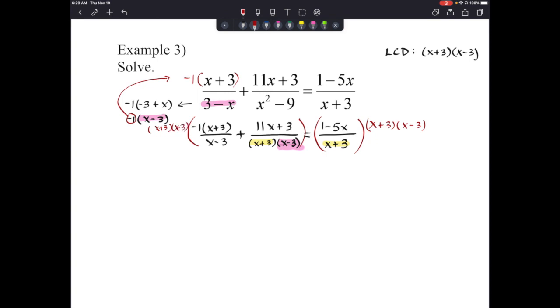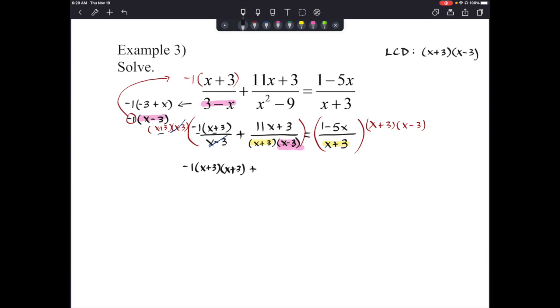All right, so as we do this, we're going to have x plus 3 times x minus 3. We know that our x minus 3s are going to end up canceling on this one, so we're going to have that negative 1 times the quantity of x plus 3 times another x plus 3.